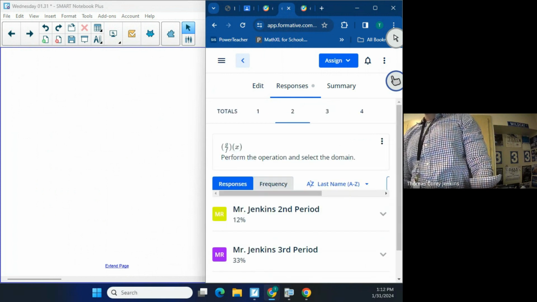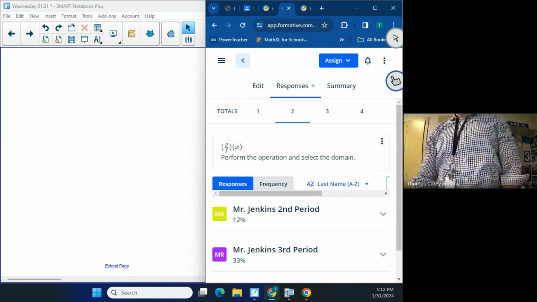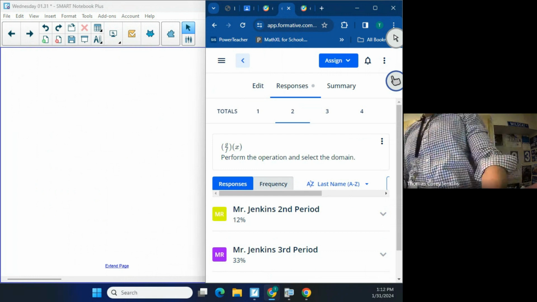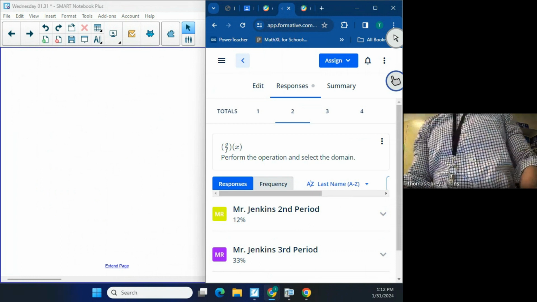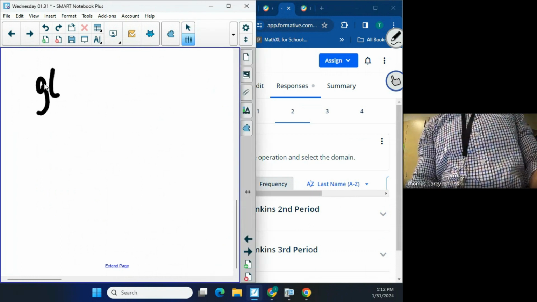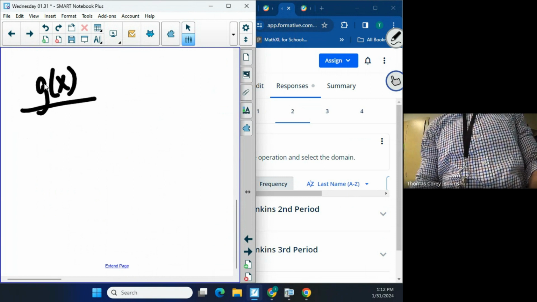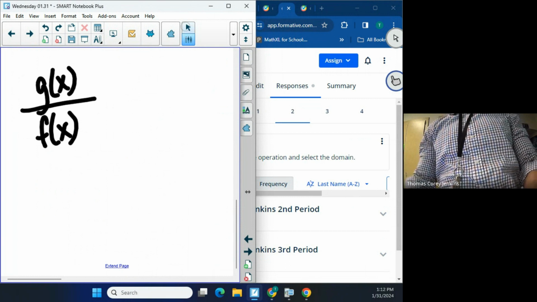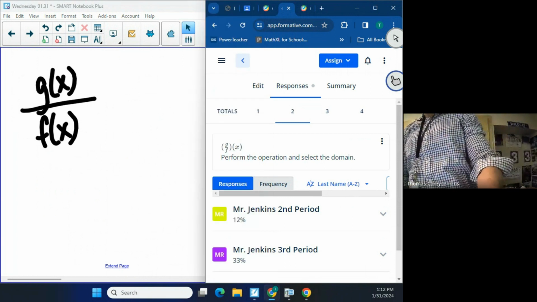All right, so number two says perform g of f of x. I assume maybe we have to look back at number one to see the problem. G of f of x is also known as g of x divided by f of x. Let me see if I can find a rule for both.